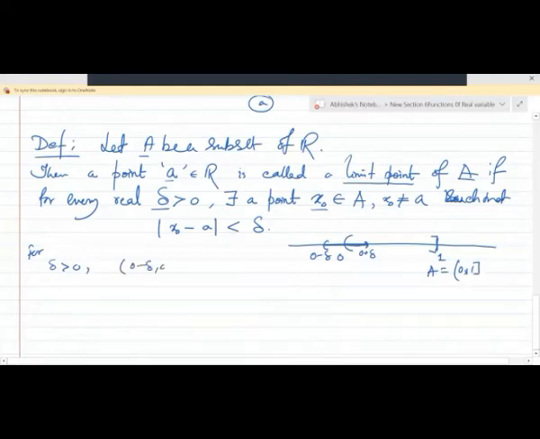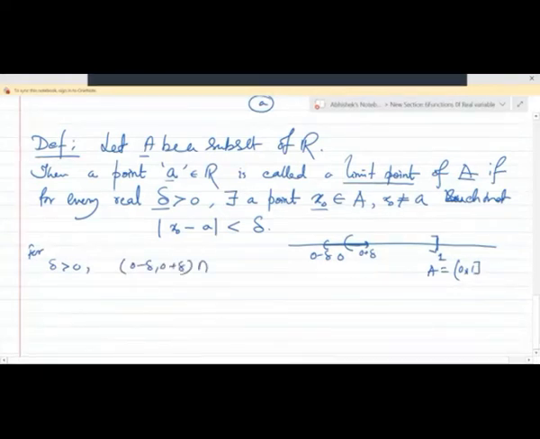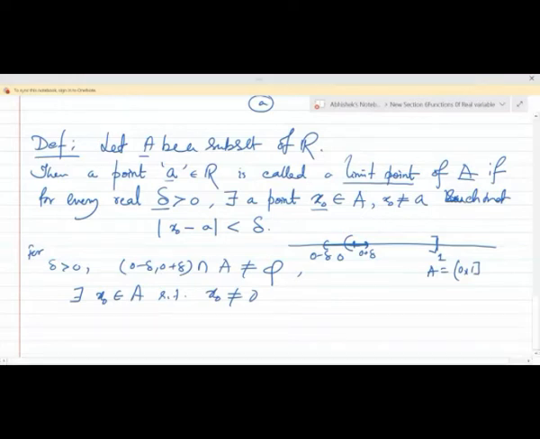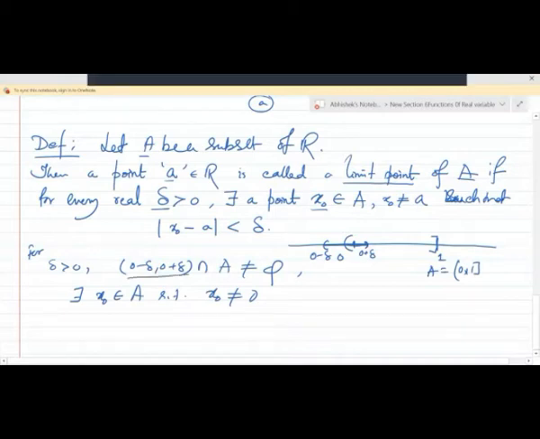So 0 minus delta, 0 plus delta intersects A, right? And it consists of at least one point which is not 0, right? So there exists one x naught belongs to A, such that x naught is not equal to 0. So for each delta you can have one such x naught which is not equal to 0, such that this interval intersects the interval 0, 1, where 0 is open, 1 is closed.